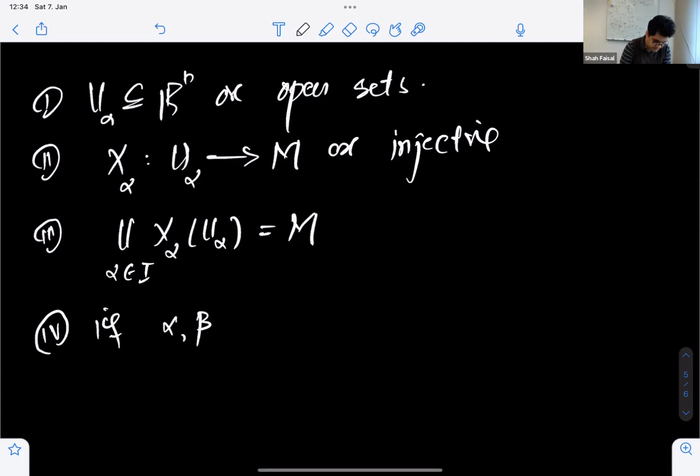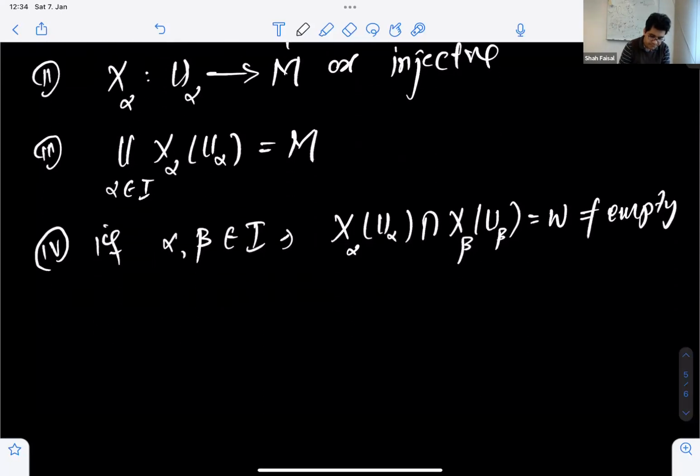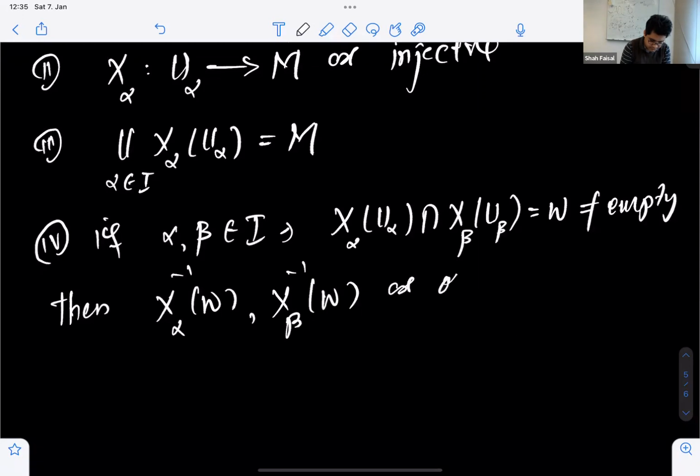If you have two indices alpha and beta such that the corresponding images of these maps intersect, let's say in a set W which is not empty, right? Then the inverse images of these are open in Rn.